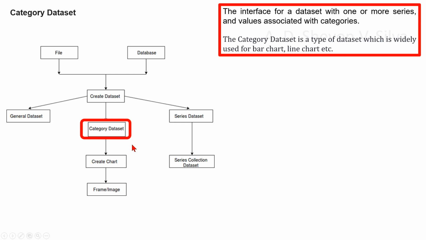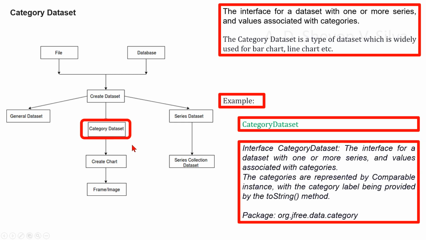The category dataset is a type of dataset which is widely used for bar charts, line charts, etc. Here the interface CategoryDataset: the categories are represented by Comparable instances, with the category label being provided by the toString method.